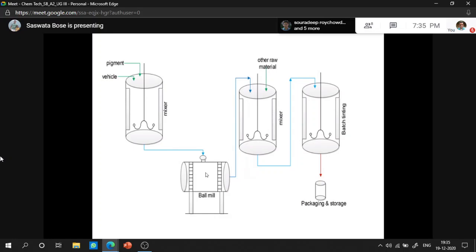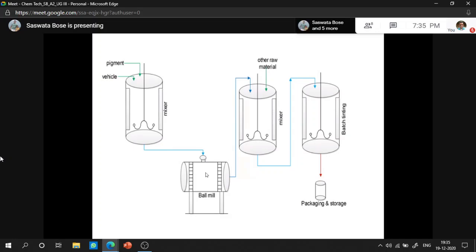The dispersion involves breaking down of bigger aggregates or agglomerates to smaller units by a high-speed disperser or mills like ball mills, pebble mills, sand mill, etc. Generally a ball mill is used.